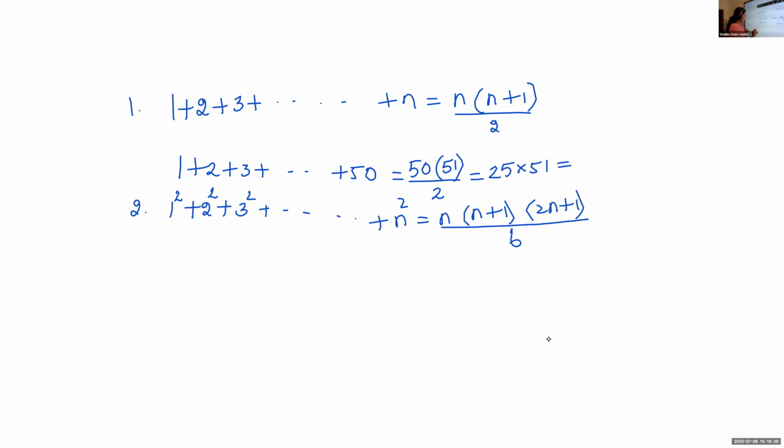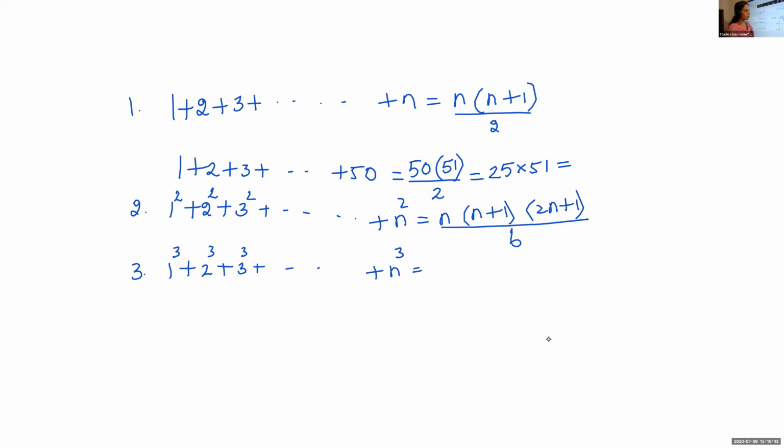And the third one is the sum of cubes of first n natural numbers: 1 cube plus 2 cube plus 3 cube plus etc. plus n cube.